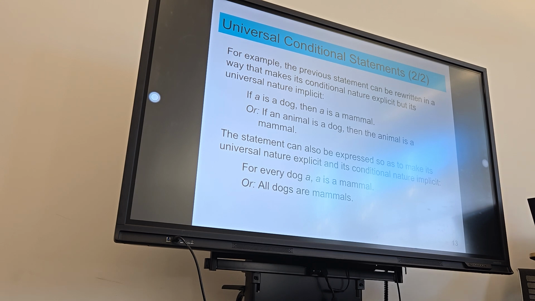Or if an animal is a dog, then the animal is a mammal. The statement can also be expressed as universally explicit: for every dog A, A is a mammal. So both statements are true, but how they're expressed is slightly different. But they are examples of universal conditional statements.